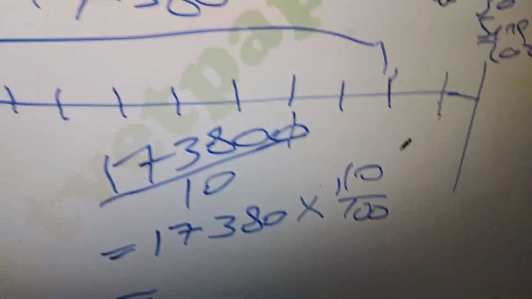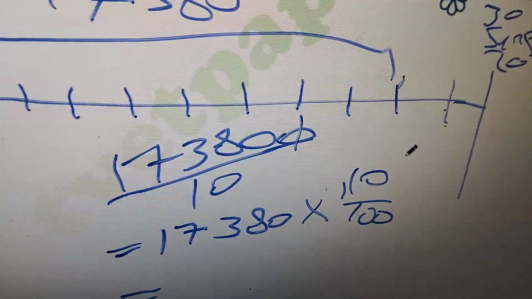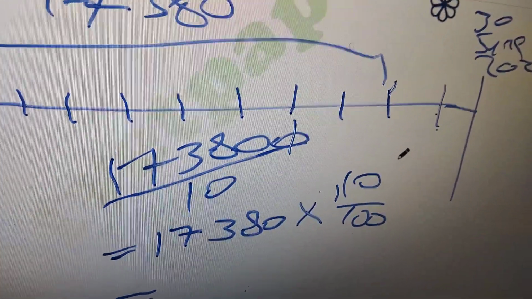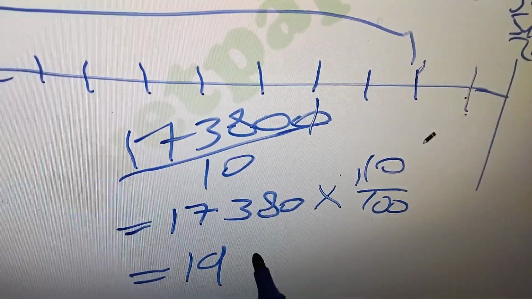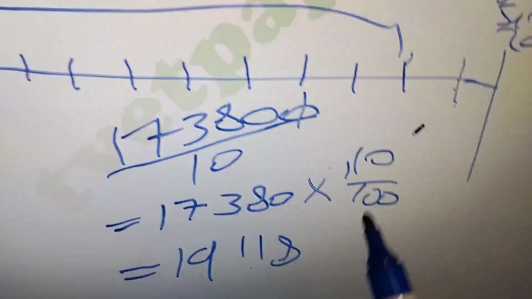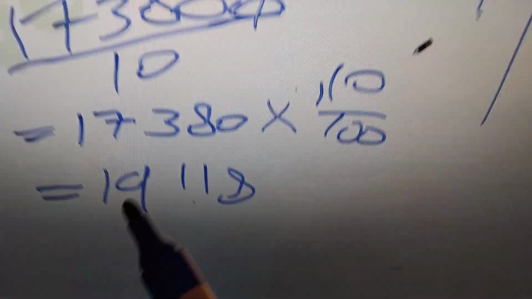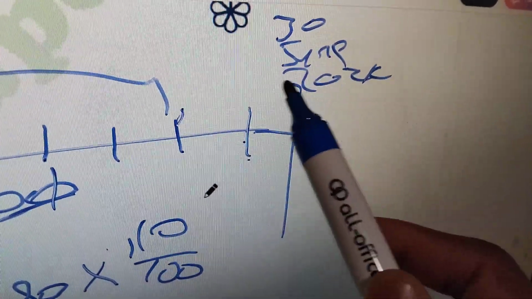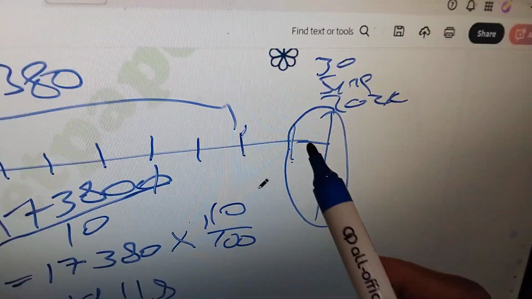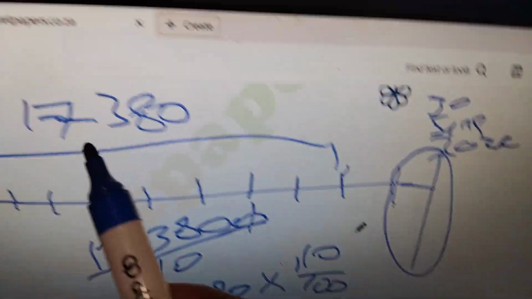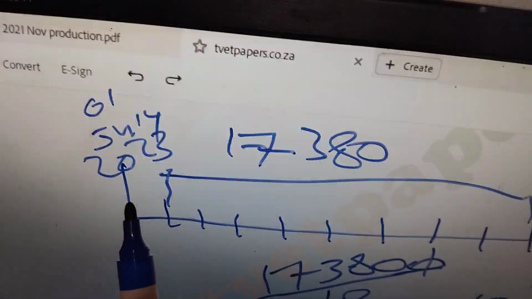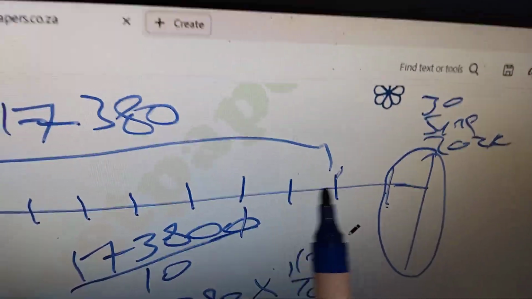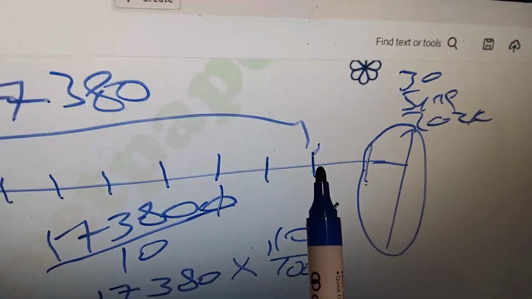When you say 17,380 multiplied by 110 over 100, you get 19,118. So starting from May, we paid them 19,118, May and June. Don't forget that these are the outstanding months that we are looking for. So they were paid 17,380 from the commencement of the financial period, which is 1 July, until April.